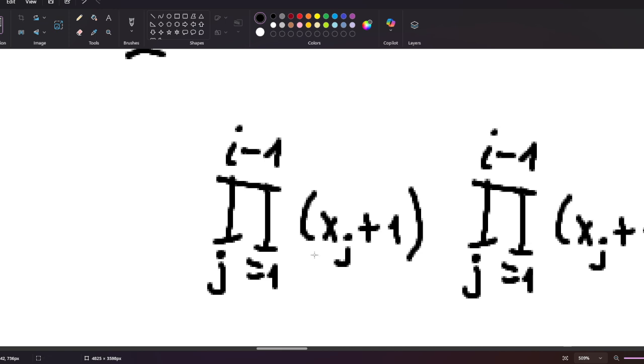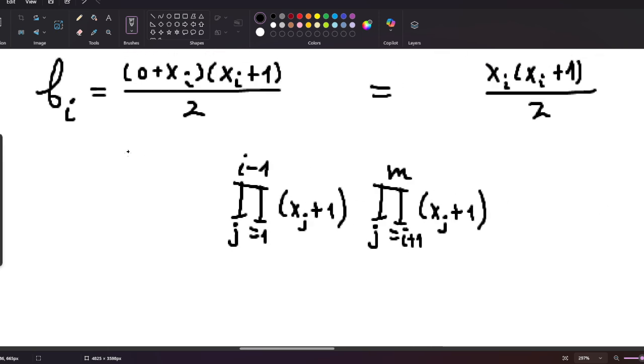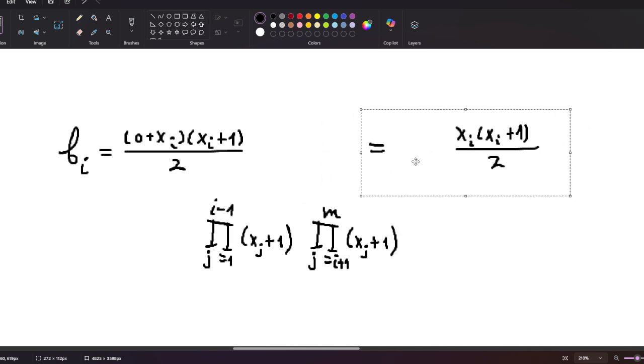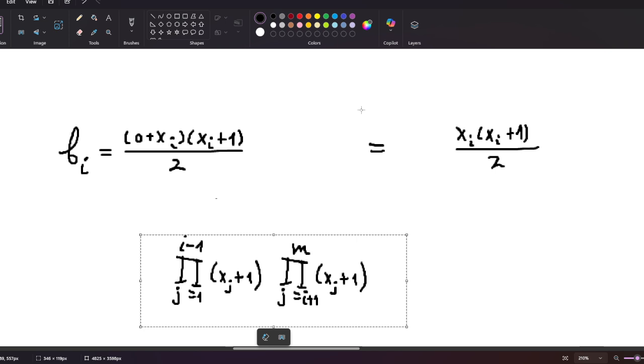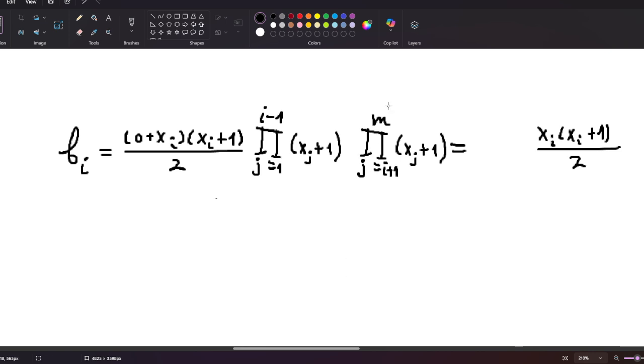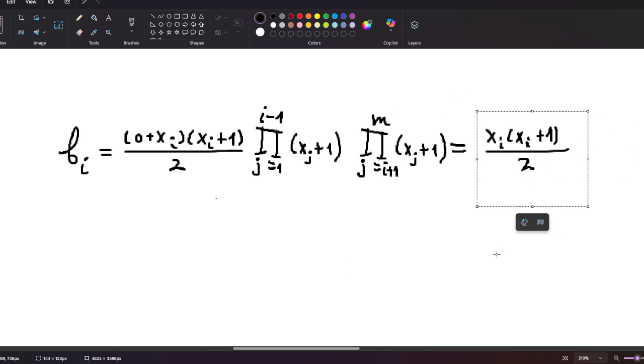We're going to multiply it by this, except we start from i plus 1 up to m, and this over here will actually result in the set sequence. That will be actual true statements, but it's very annoying to work with, so we're going to simplify it further.